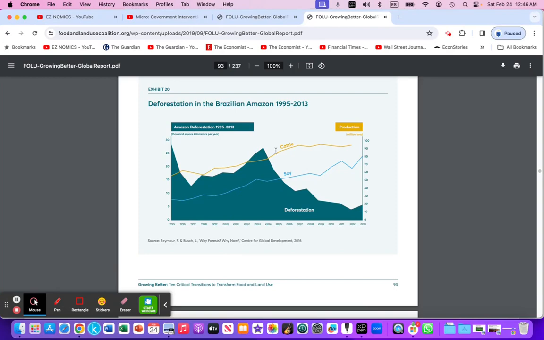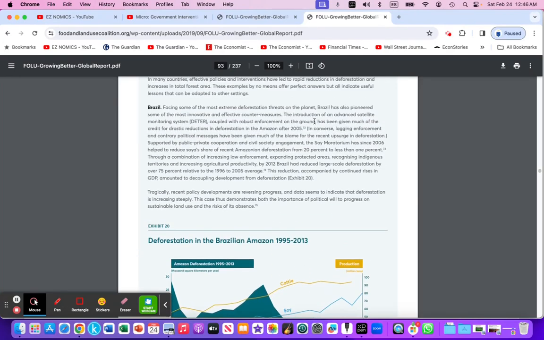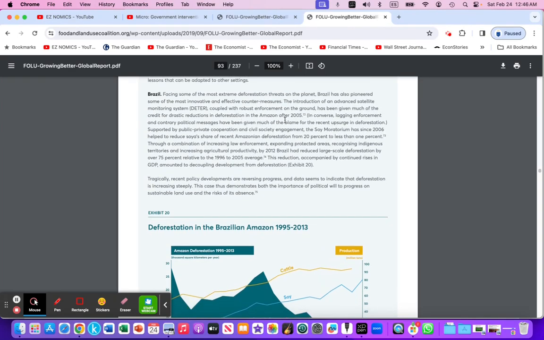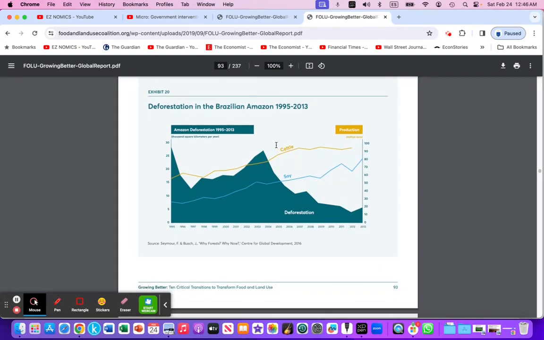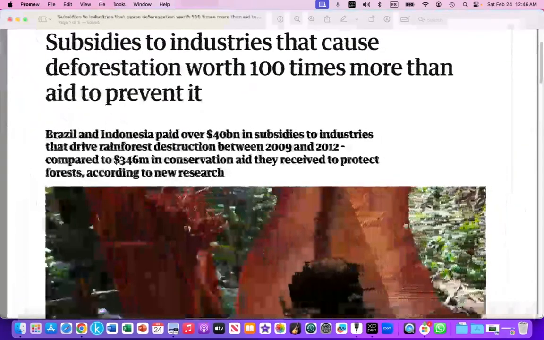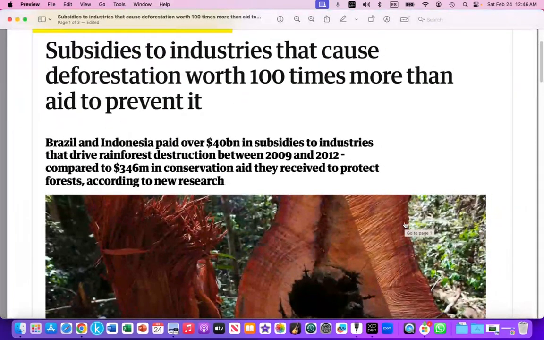From 2005 onward, Brazil, as it says here, used advanced satellite monitoring systems and robust enforcement to ensure that they were able to reduce the level of deforestation, which seemed to have an effect. But from 2012, it seems to be ticking up again. So let's take a look at a couple of articles that talk about these subsidies.